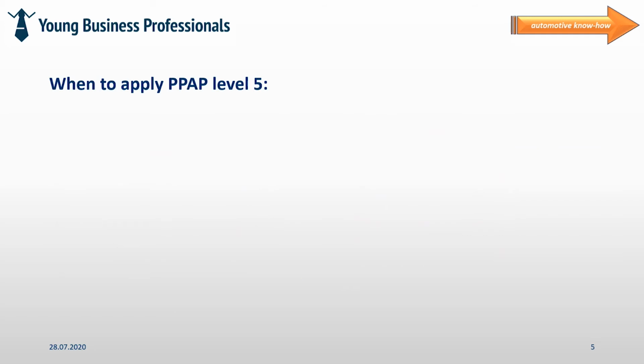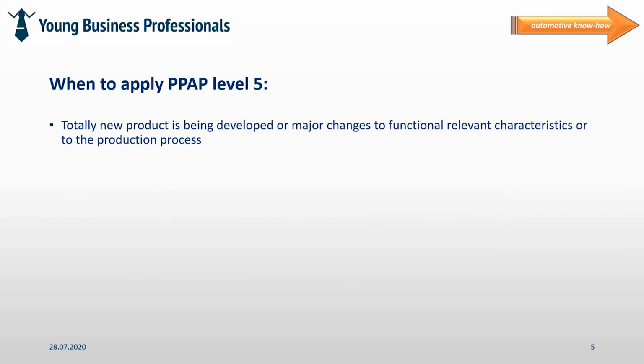As we have seen, the PPAP scope for Level 5 is pretty big. This is the reason why PPAP Level 5 is not applied for small changes or adjustments, but for cases in which new products are being developed. Alternatively, for bigger changes that may affect functionally relevant characteristics or that massively change the production process.